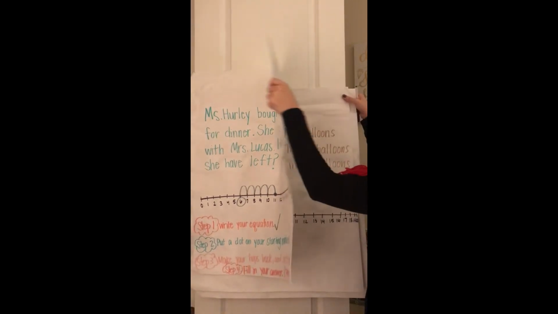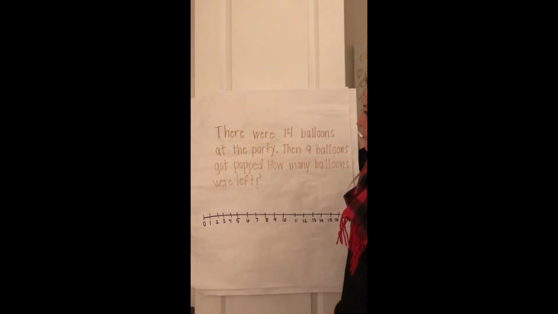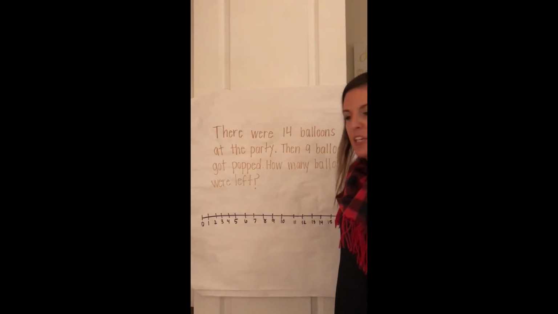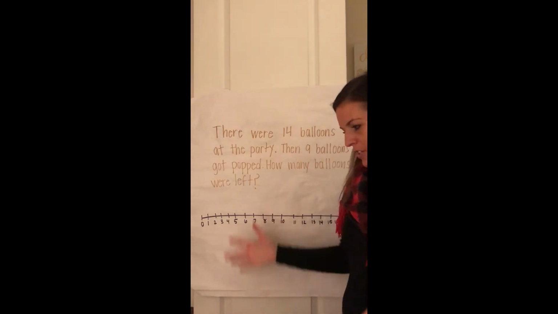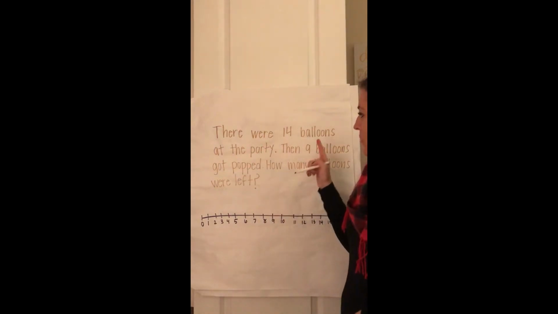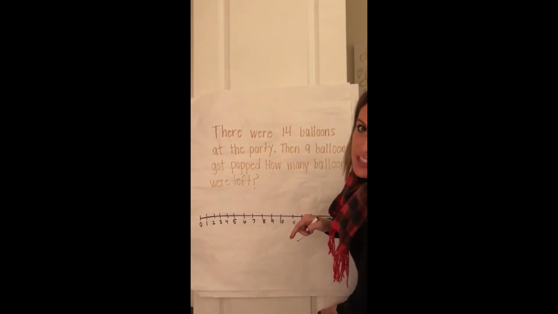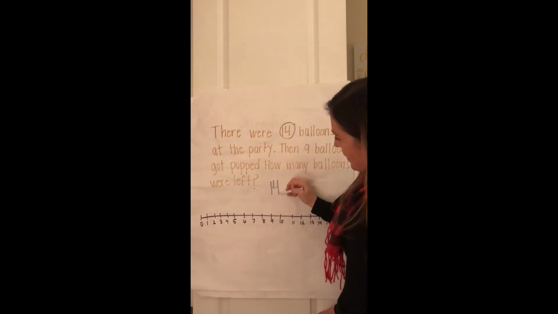Now we will look at another problem. There were 14 balloons at the party, then 9 balloons got popped. How many balloons were left? If we remember our steps, first we need to set up our equation. How many balloons did we start with? We started with 14.